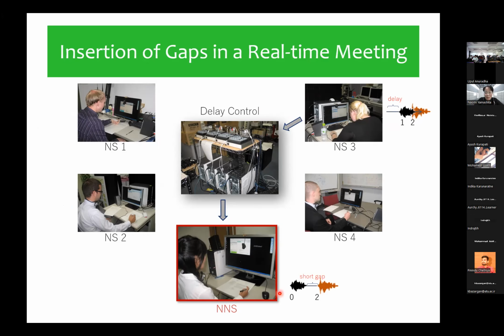Since the non-native speaker listened to native speaker 1's speech earlier than her, the overlap is gone, and instead there's likely to be a short gap between these speeches. And when the non-native speaker wants to speak up, her speech is delivered directly without delay to the native speakers. So this is how I tried to introduce small gaps in between native speakers' speech.